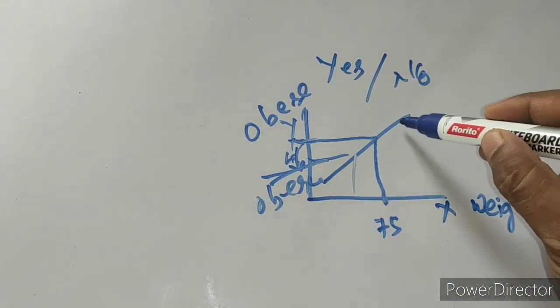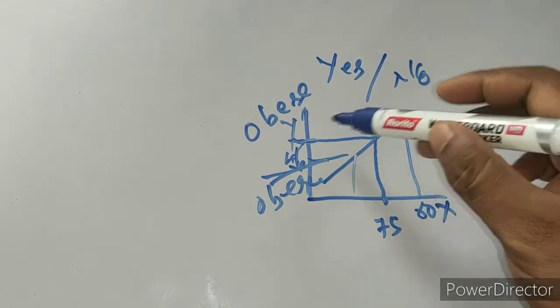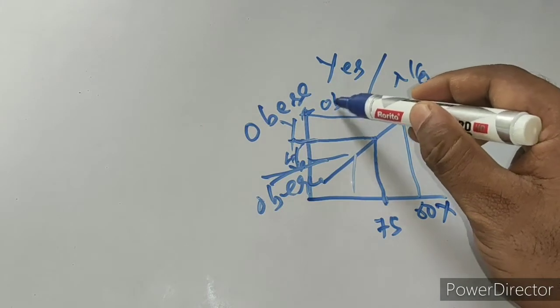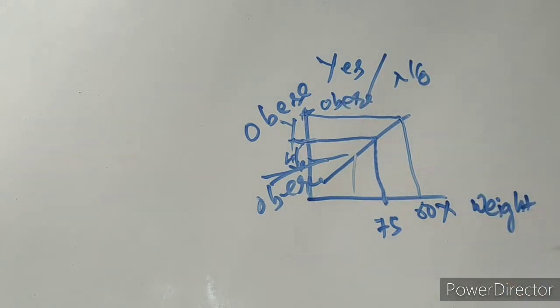If the value is 80, obviously it will fall after this point. This is known as obese. Obese means the person is fatty, or the fatness is higher.